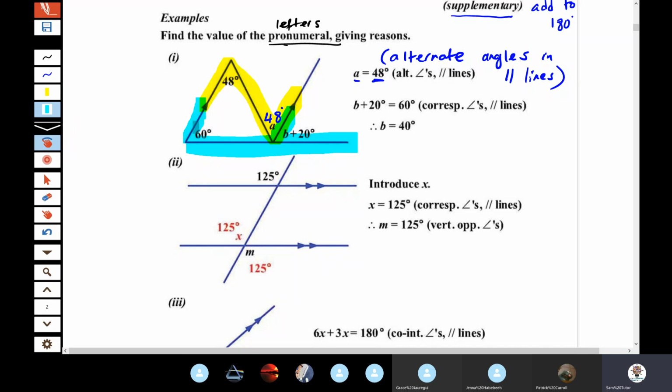If you were to twist this, that becomes an F. So what I could say, because that's a corresponding angle, that they are also equal to each other. So b plus 20 equals 60 degrees. In other words, b equals 40.